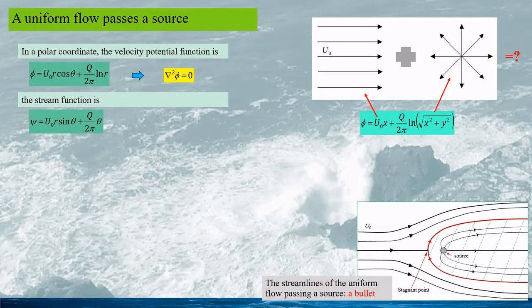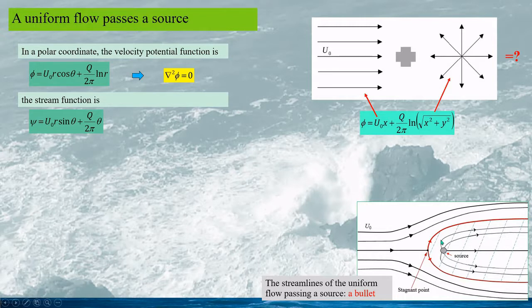The red line actually separates the uniform flow and the flow from the source. That means there will be no flow across the red line. So the source in a uniform flow is equivalent to a bullet structure as this.